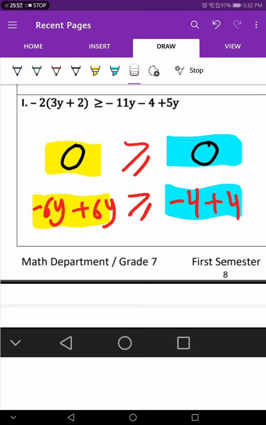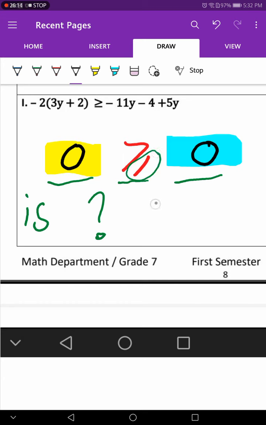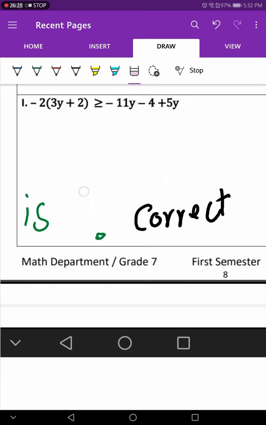Now, can you read it for me, please, here? Yes, as a question. Is the 0 greater than or equal to 0? Sure, because we have the equal sign. So the answer is yes, or correct. Because this statement is correct, you have to say the solution is all the real numbers.